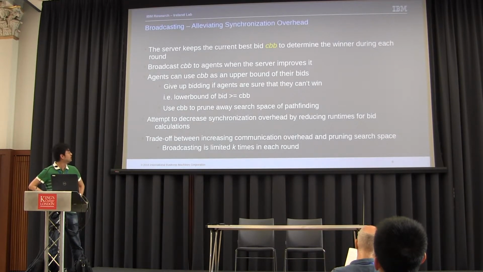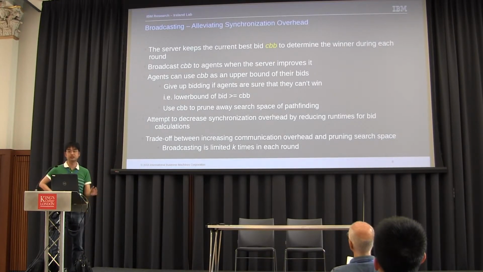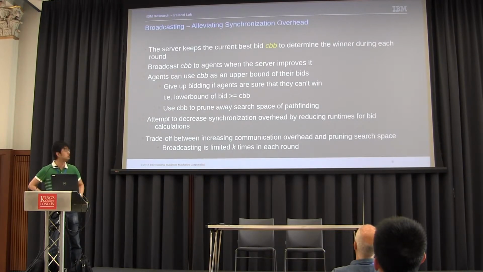In this way, this approach tries to prune the search space of pathfinding, finishing the bidding earlier and hopefully reducing the idle time. Of course, we have to incur more communication compared to the simple bidding strategy, the original bidding algorithm.